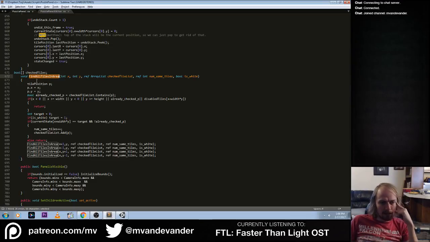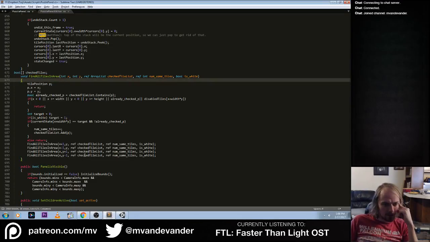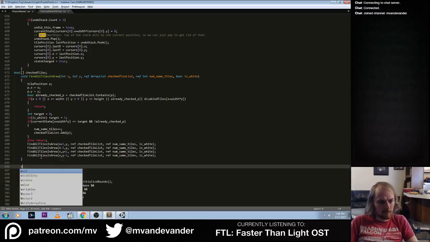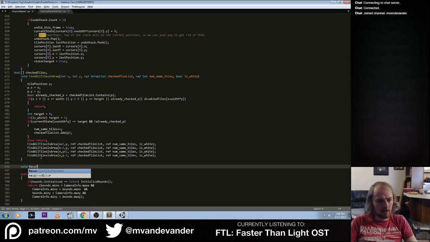I guess I could make this call another function that does the recursion. That would probably be the best thing. So this would be like void recurse through all tiles in area.